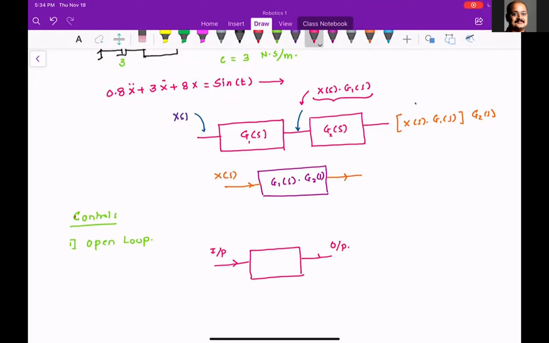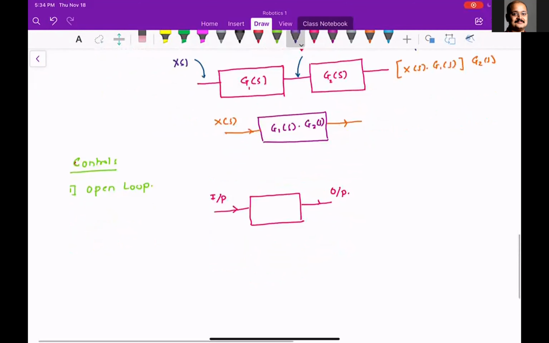Think about if I'm teaching you without any feedback from you. I don't see whether you are responding, whether you are understanding. That is like going in an open loop. The other approach is closed loop.